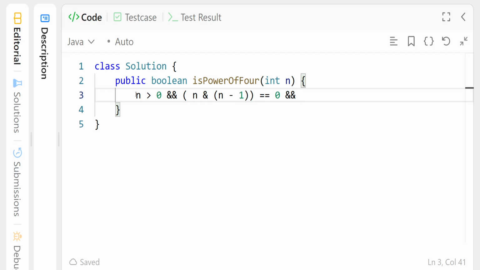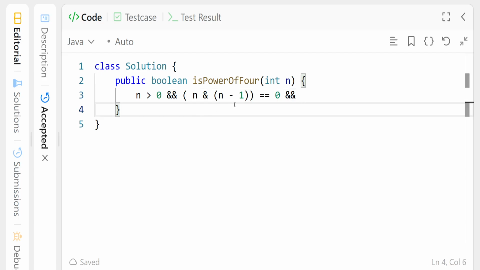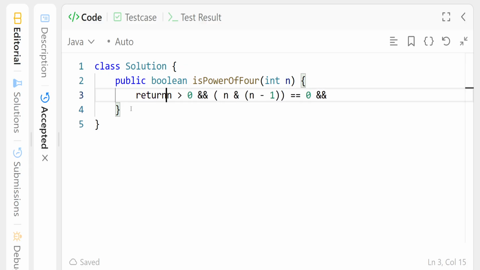Then, for a bigger value, suppose you want to ensure that the one bit is in an even position. How are we going to check that? You have to return this, so you just need to return it.